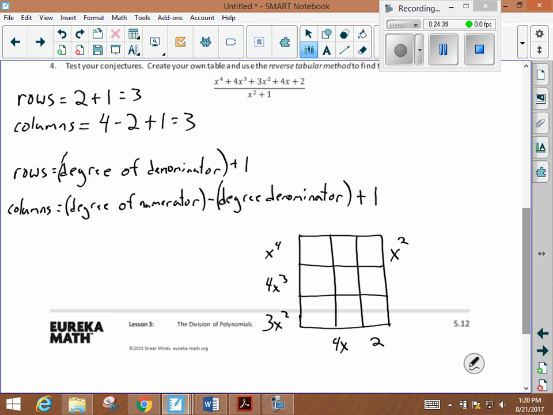So that means that I have to put a 0x in here. Remember, guys, we need those placeholders, and that's why it was so important for us to put those placeholders in when we were learning the tabular method for multiplication. Because when we come to this, it's very important. All right, so now we can actually go through the process of doing this division.